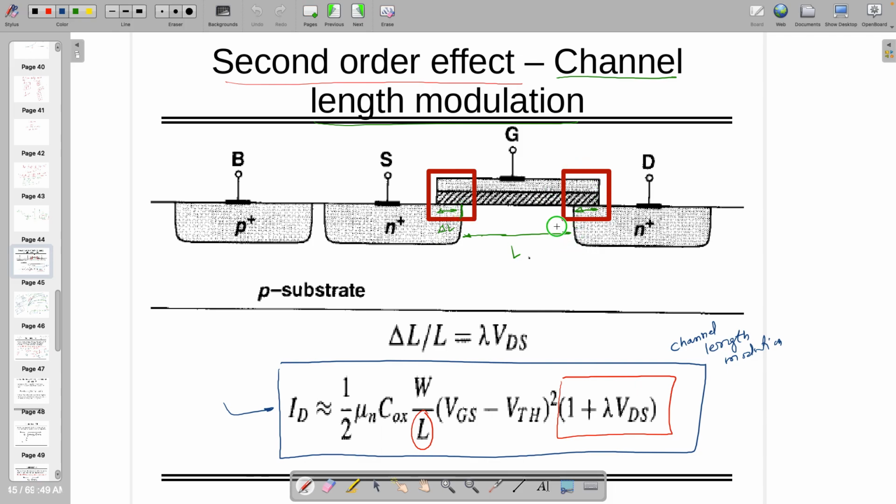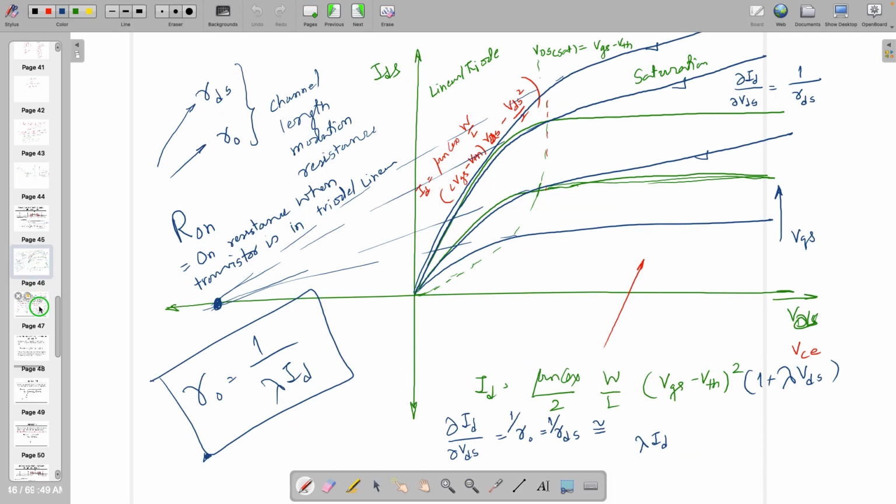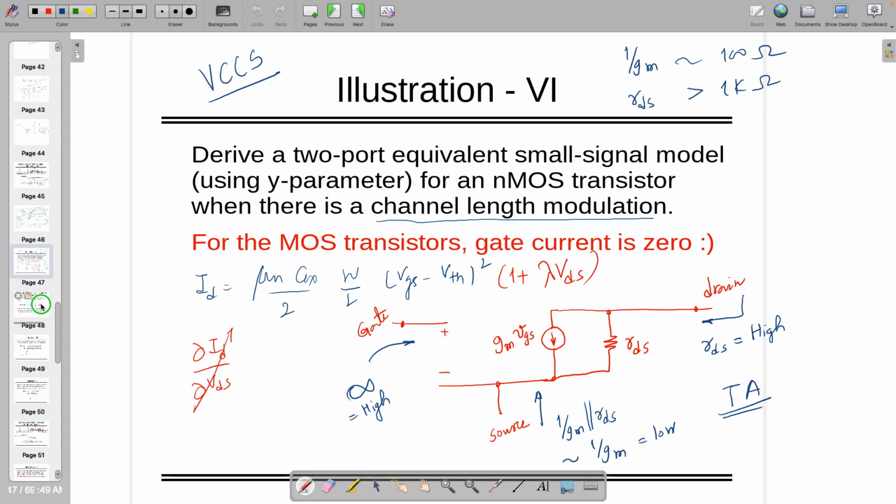So that's why we say channel length modulation exists, and we are going to use this as the small signal model. So this is a small signal model. Understand one fact, that when it's a small signal model, you are running the whole thing at low frequency. That's why there are no capacitances right now. We are going to talk about the high frequency model where capacitance will be there.